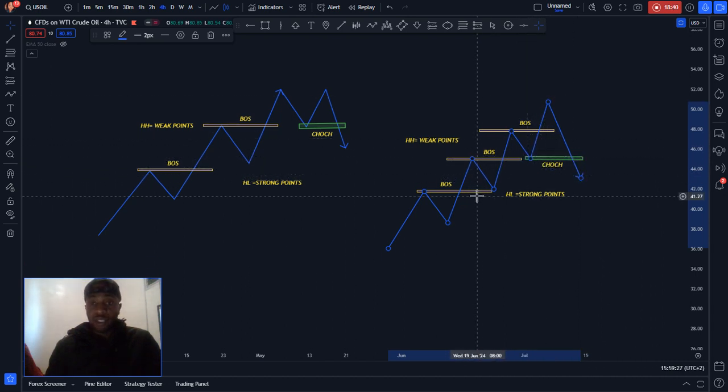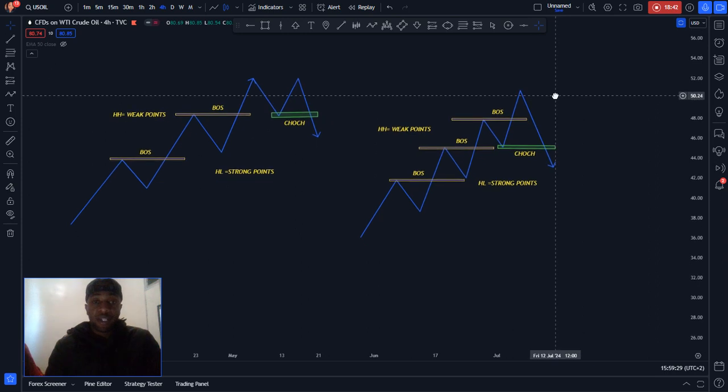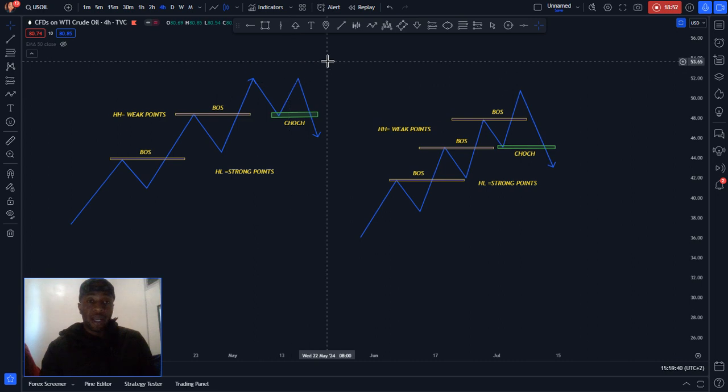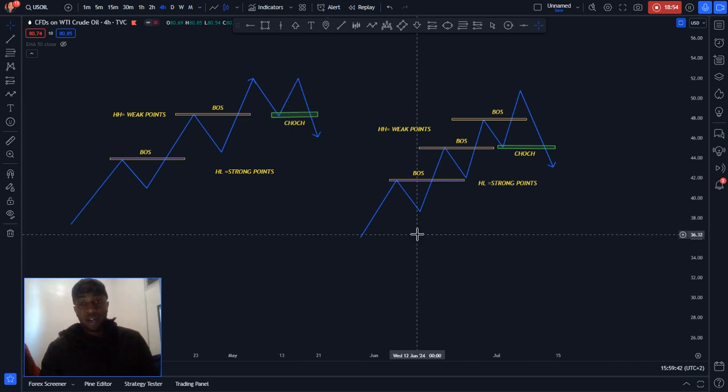The moment you see something like this, you need to understand that the market has given you the sign or indication that it is now going in the other direction. Since it was going up, now it's going to be going towards the downside.